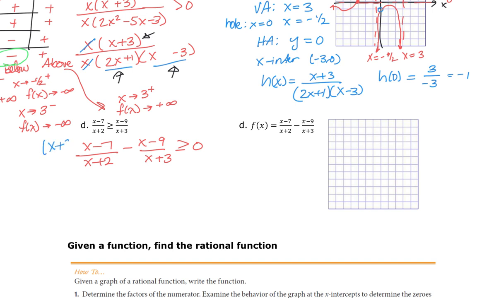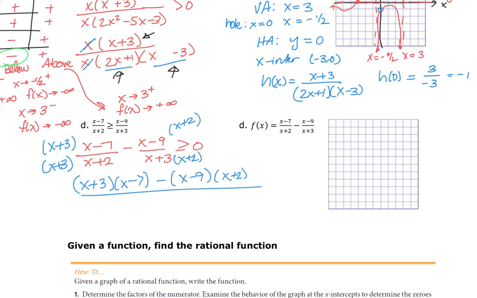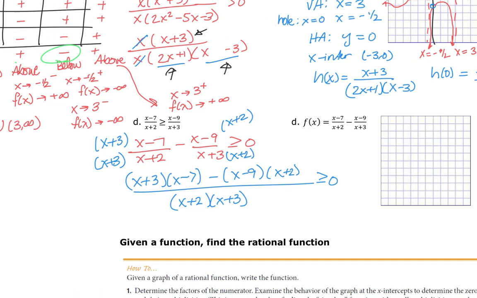So I'm going to get x plus 3 multiplied by x minus 7 minus x minus 9 multiplied by x plus 2, all over x plus 2, x plus 3, which is greater than or equal to 0.